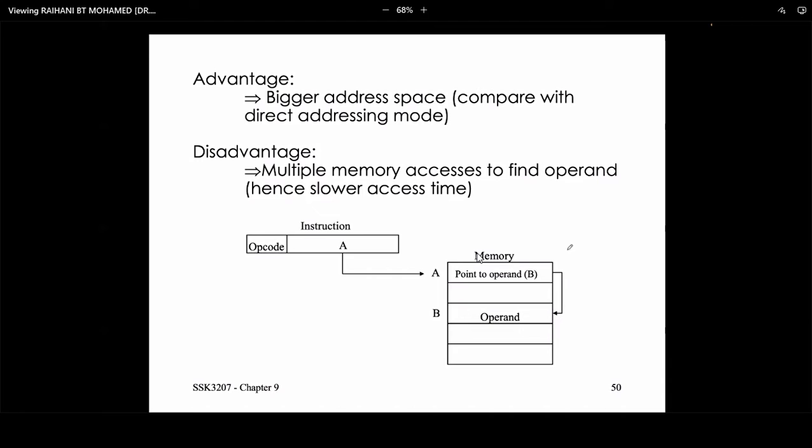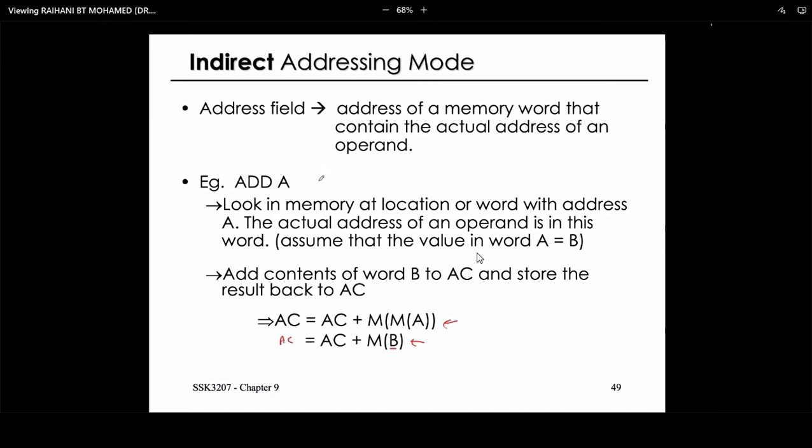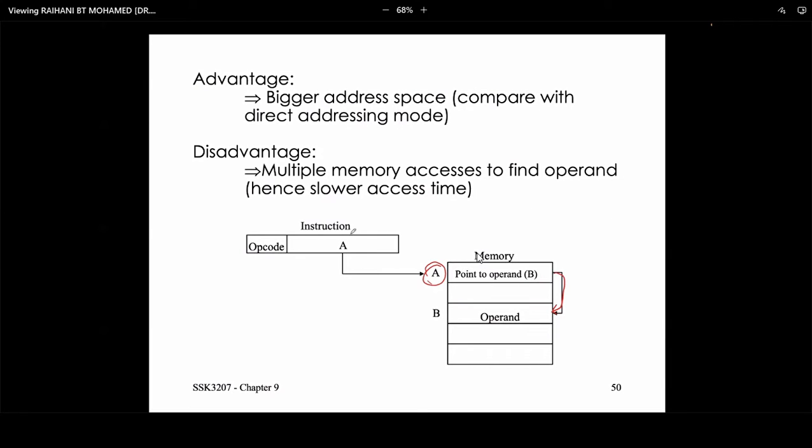First we look into the A place, and after that it looks into the operand of B, the operand value of B. So this is the disadvantage of indirect addressing: it does not use direct addressing mode. Of course it has slower access time because there are too many places to look into. So this is indirect addressing mode.